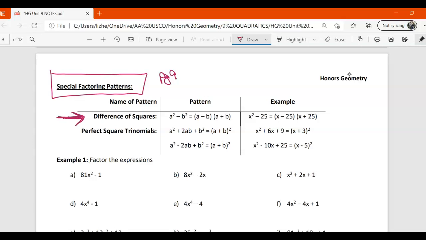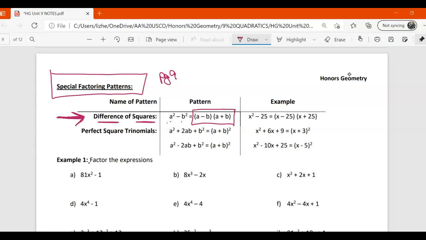The word difference means subtraction, and squares are perfect squares. For example, a squared minus b squared. Whatever a is, if you square it, you have a perfect square, and the same for b. So a squared minus b squared will always factor in this way.